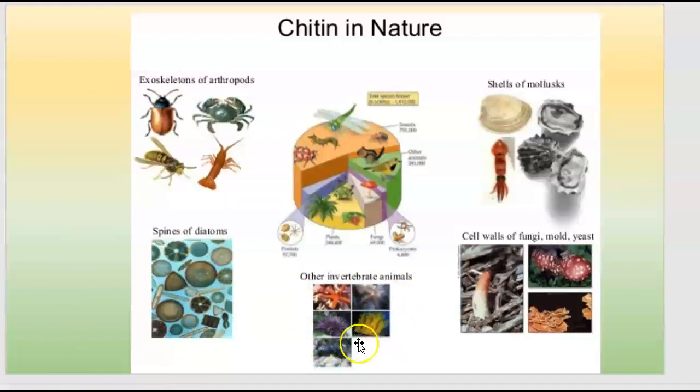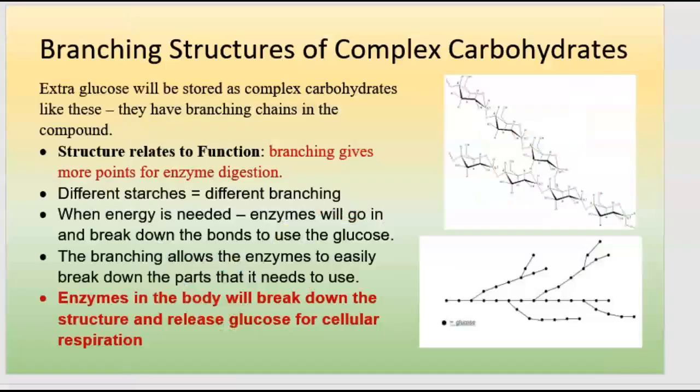Some invertebrate animals that you see in the ocean that need structure, like starfish or anemones, shells that, they call them mollusks, but basically oysters, for example. And then some cell walls of fungus, mushrooms, molds, and yeast. So chitin is everywhere in nature. Cellulose is what you don't get to digest when you chew paper, which I don't recommend you do.